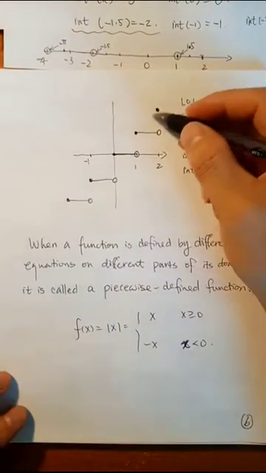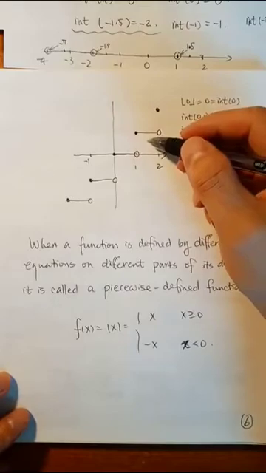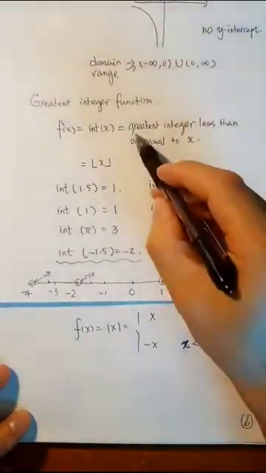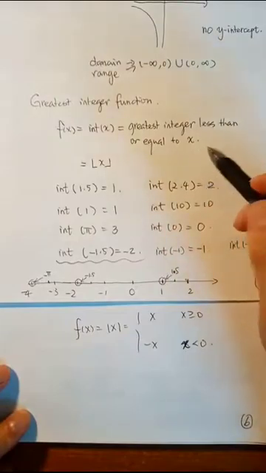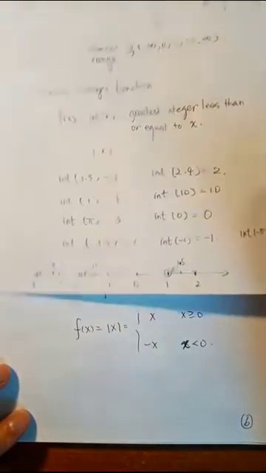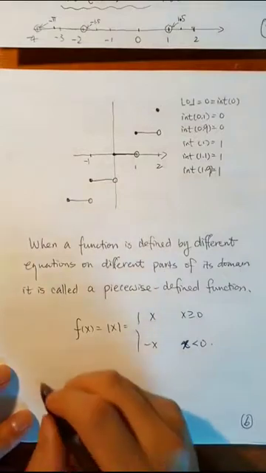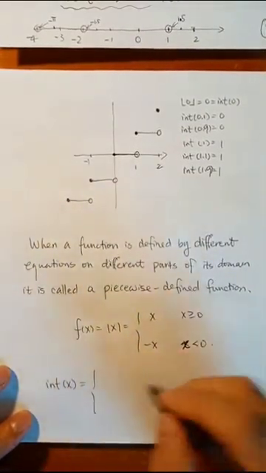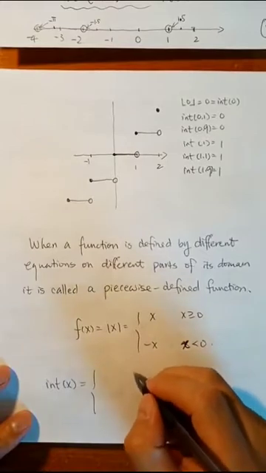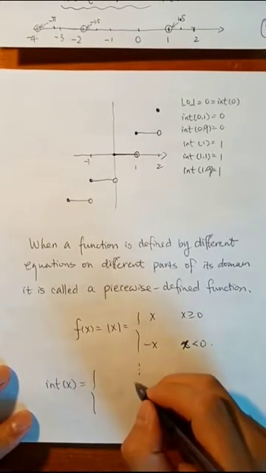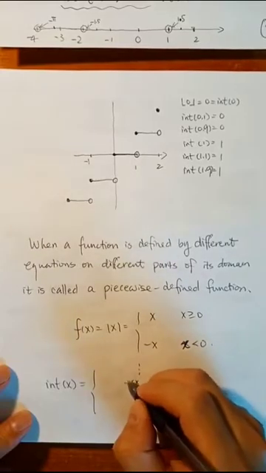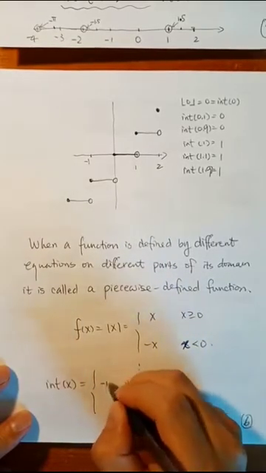And the step function, the greatest integer function: remember that our definition is this sentence, greatest integer less than or equal to x. But the step function can also be defined by this. When x is between -1 and 0, it's equal to -1.